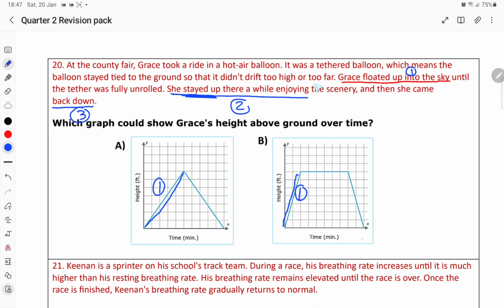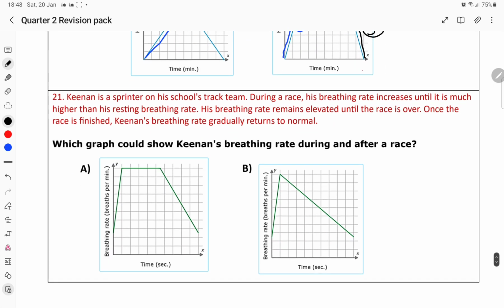But which of them, A or B, mentions staying up for a while? Of course, it's graph B. She stayed up for a while, for some minutes. And if you want to make sure, you will find that in step 3, she came back down. So the correct answer is graph B.